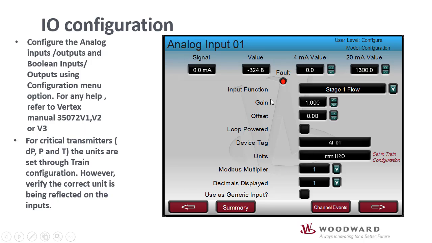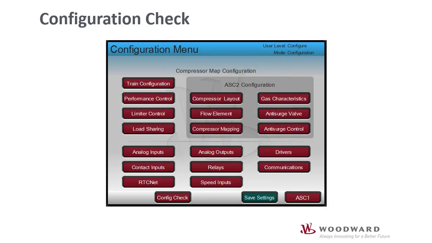Once you are done with this analog input output configuration, we should now go for the configuration check. If there is no configuration check error, then you will see no yellow light over here.